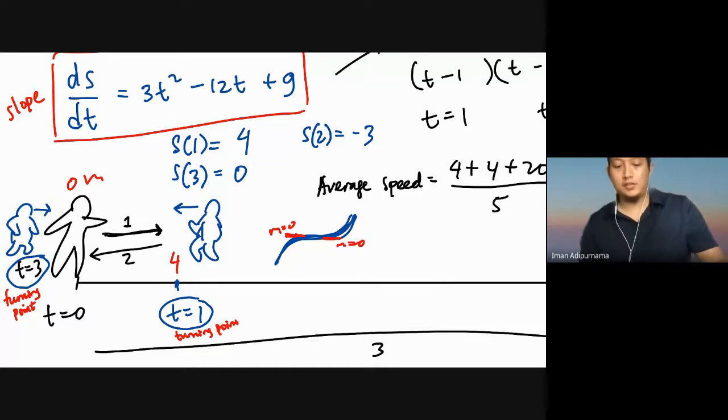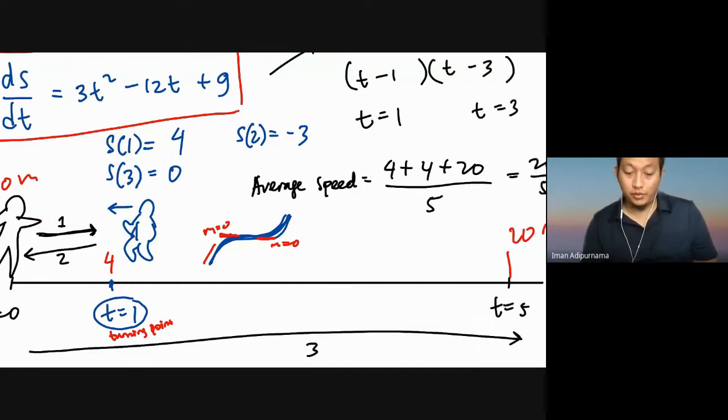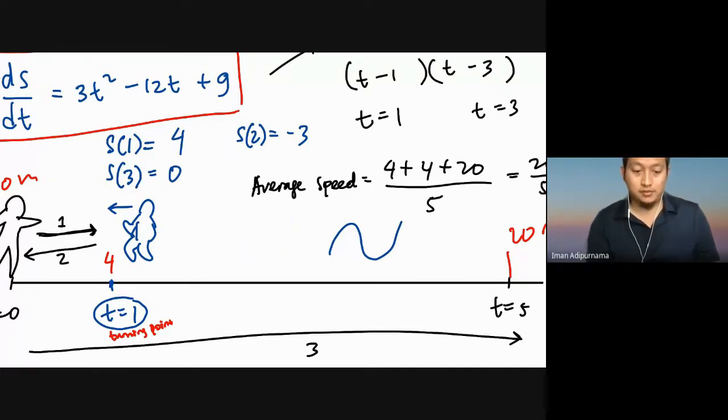Maybe not really like that, maybe like this. Yeah, maybe that's more reasonable, I think. Here and here, so you have a turning point. Maybe this is 1, and this is t equal 3.